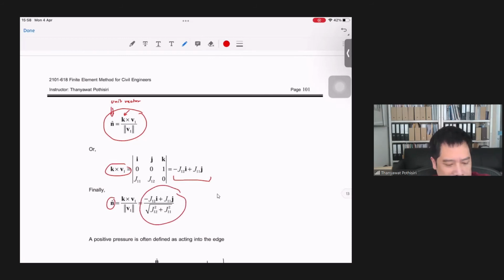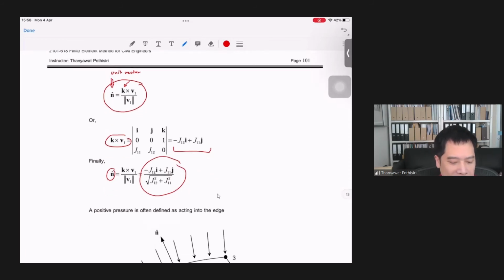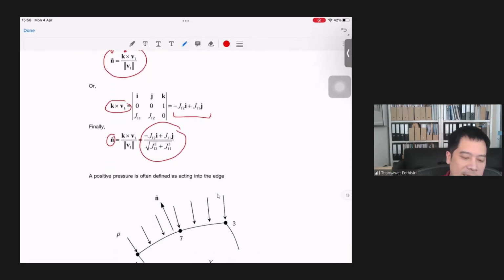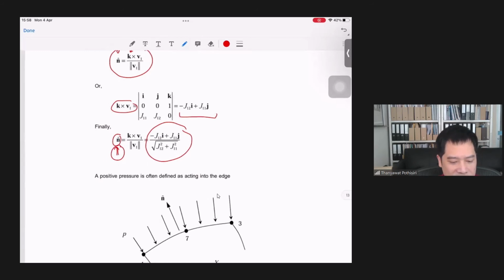So you see that the unit normal vector will keep changing along the curve S with respect to all these Jacobian components.